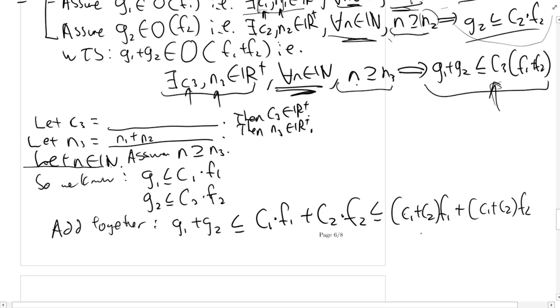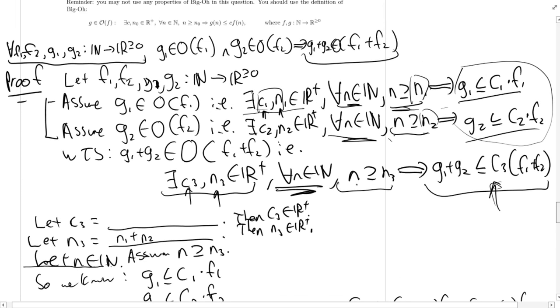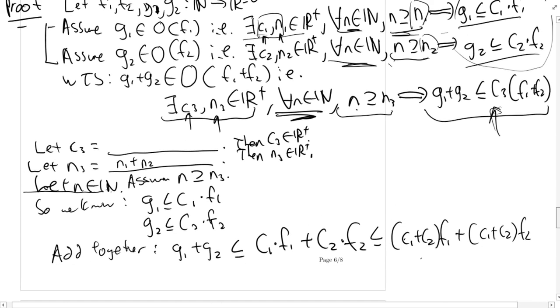And this is true because we know that C1 and C2 are positive. What are they again? Let me check. They're positive real numbers, so they're going to be larger than 0. So adding them together is obviously going to be larger, right?